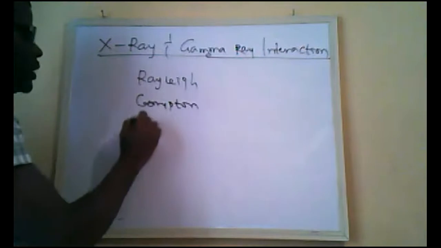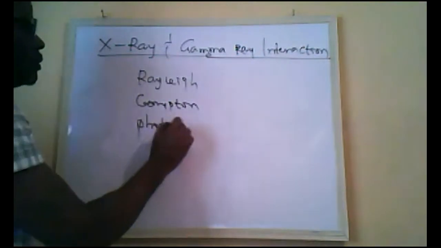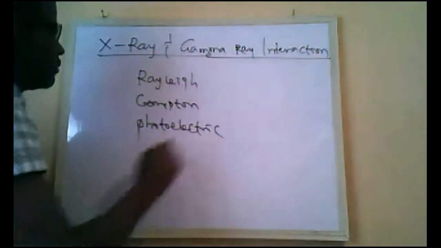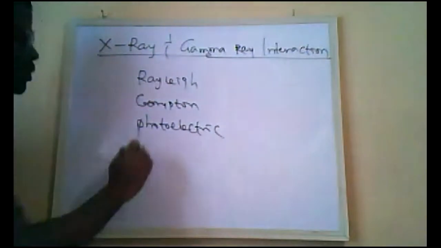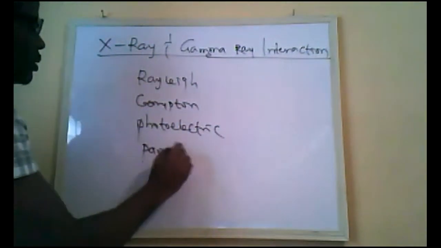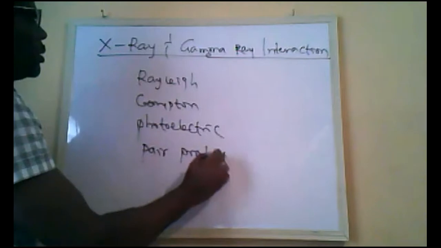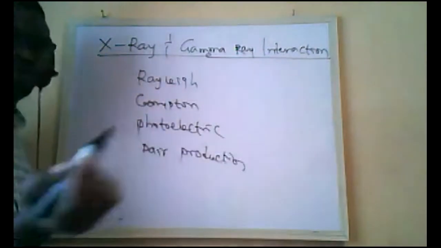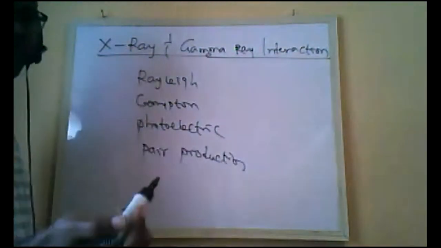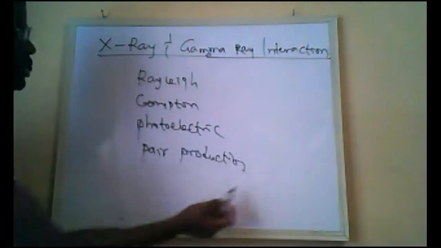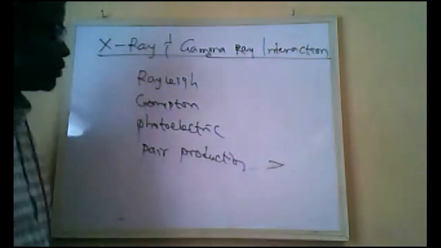You can have photoelectric, you can have pair production, you can even have photodisintegration, you can even have triplet production. Triplet is just a particular type of pair production.